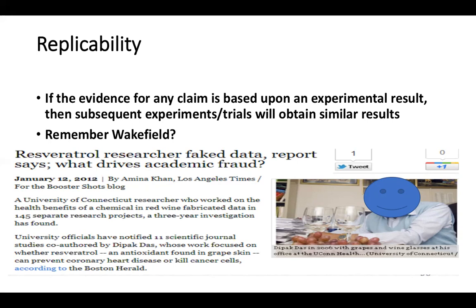So if you basically come up with fake data, okay, and try to publish it in other journals, believe me, other people will try to replicate your data, and if they don't find that your data is replicable, then they will question your data, and people will come after the data that you published. So it is important that you be honest and the data be replicable.